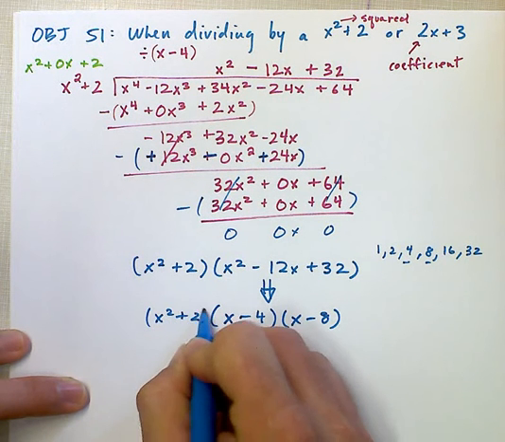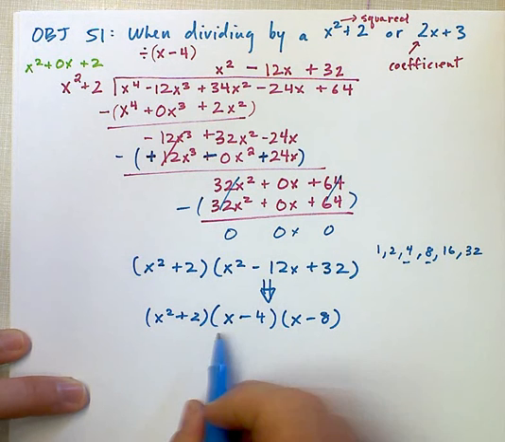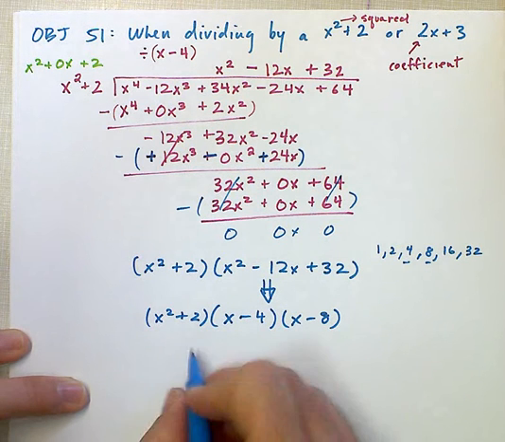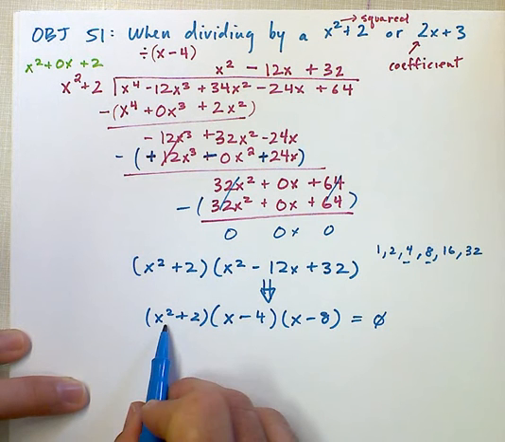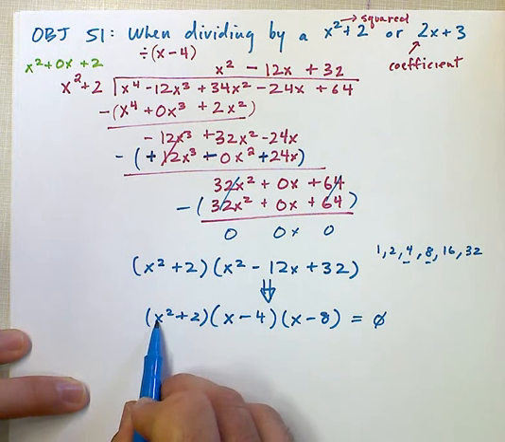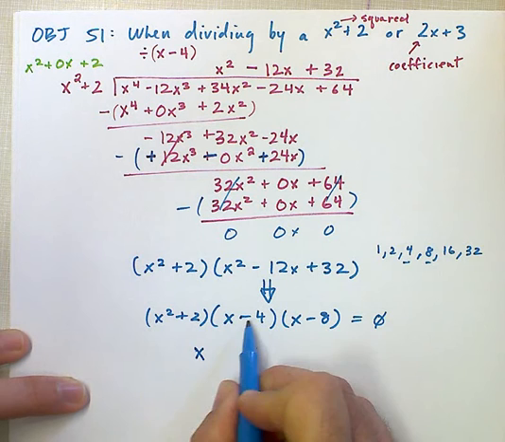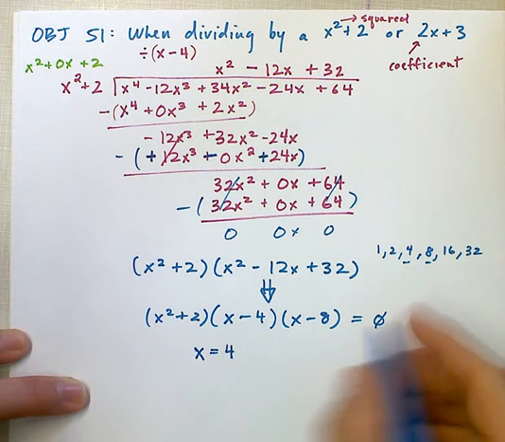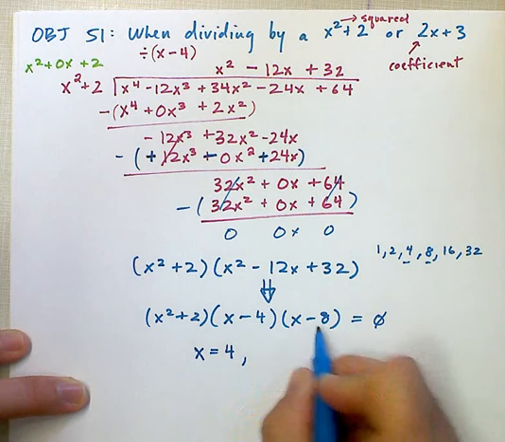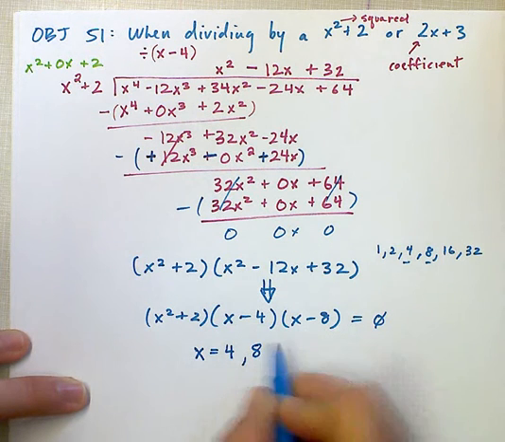So I could say, some of my zeros could be, well, if I want to set this equal to 0, I can't have a result for this because there's no way to square a number and get a negative 2, but I can say that I can make this a 4, 4 minus 4, 0. And then I could also use a positive 8, and this would be my 2 zeros here.